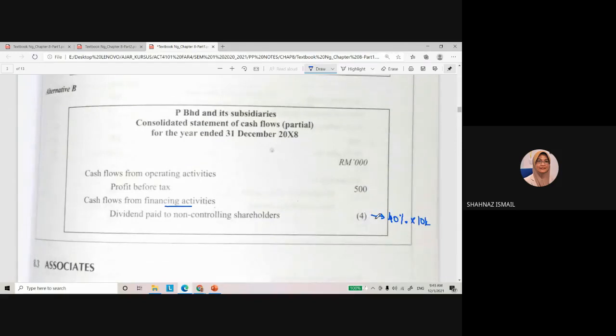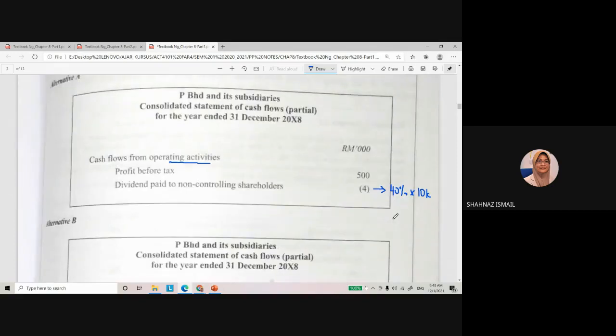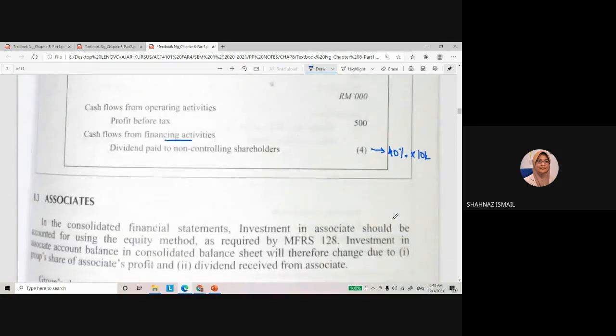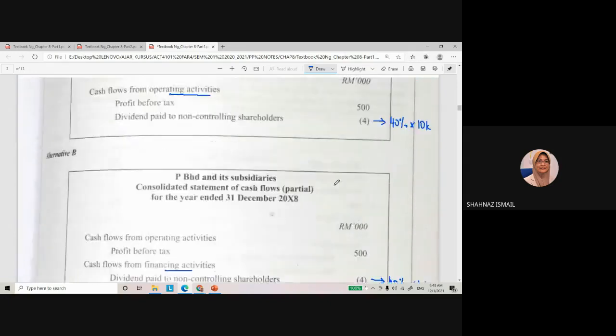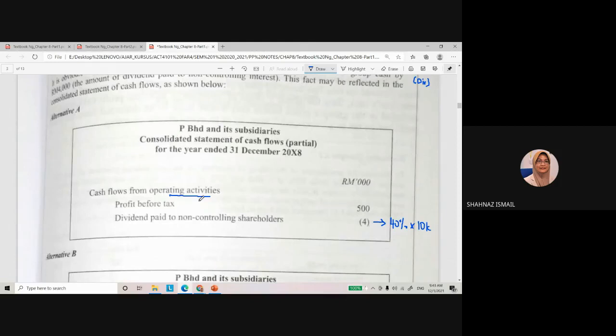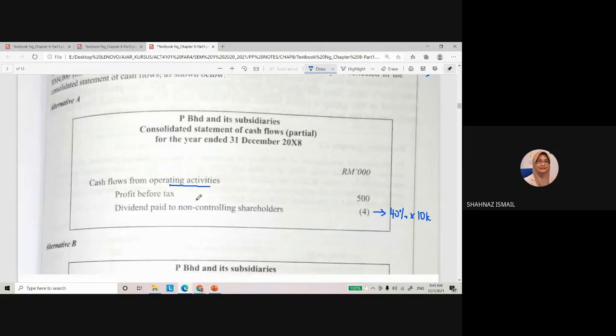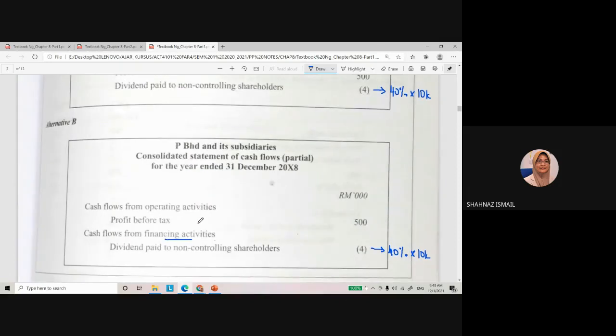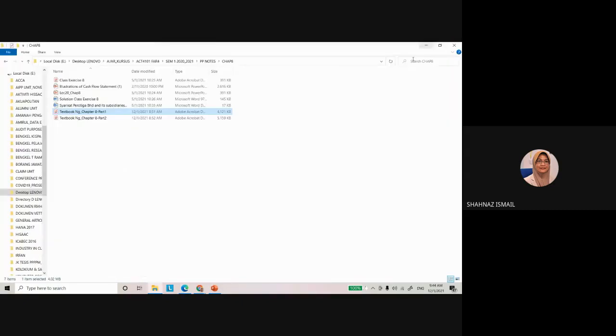Okay, tak kira sama ada operating activities atau financing activities, kedua-duanya adalah outflow. Remember, if outflow, you akan tunjuk dalam bentuk kurungan. So, remember, untuk dividend paid to NCI, you have the choice sama ada you nak masuk di bawah operating activities as outflow atau financing activities pun okay, tetapi still as outflow juga.